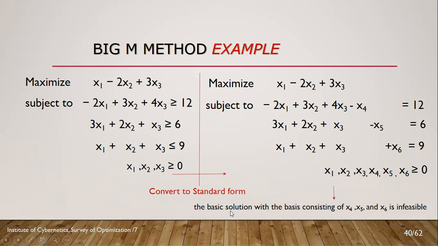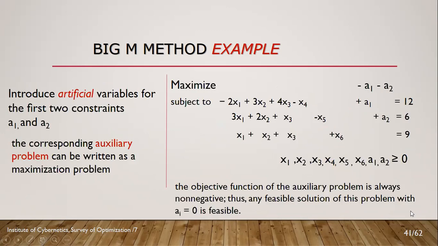So the basic solution with the basis consisting of x4, x5, and x6 is infeasible. Now let's introduce artificial variables for the first two constraints, a sub 1 and a sub 2, and the corresponding problem is referred to as the auxiliary problem, and it can be written as a maximization problem.